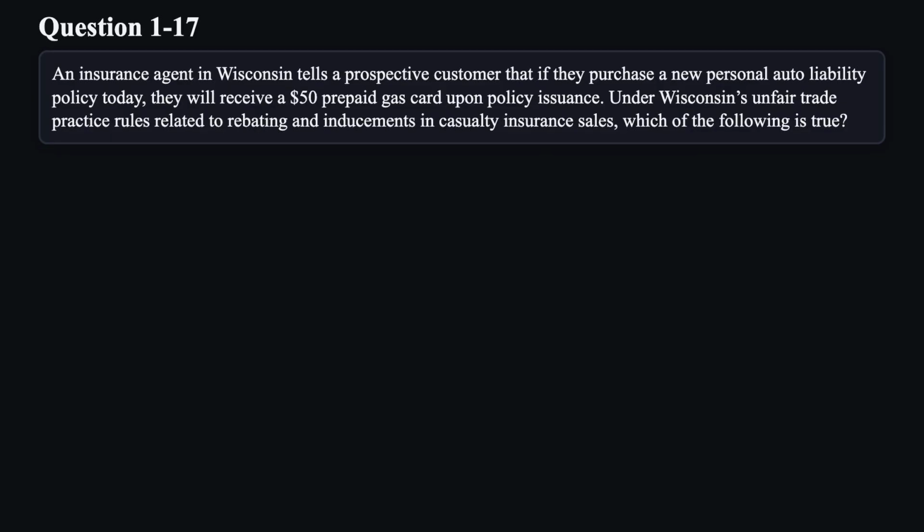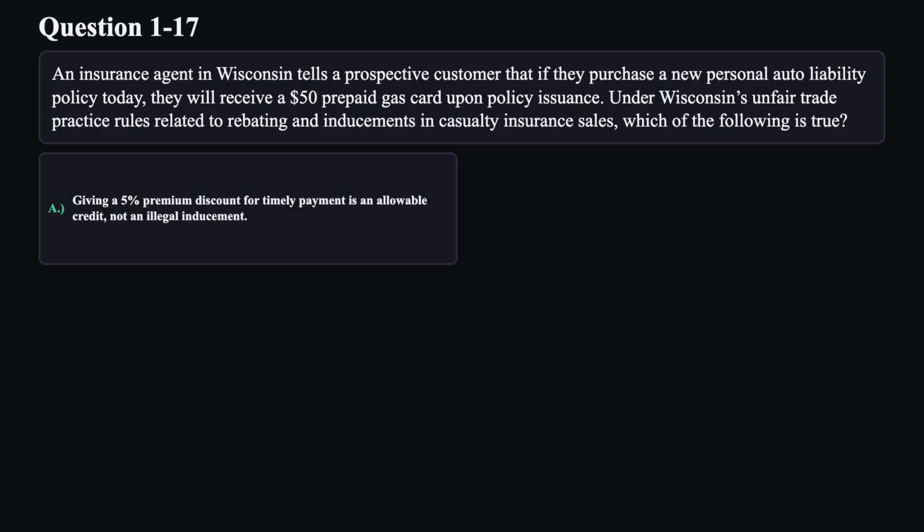Question 17. An insurance agent in Wisconsin tells a prospective customer that if they purchase a new personal auto liability policy today, they will receive a $50 prepaid gas card upon policy issuance. Under Wisconsin's unfair trade practice rules related to rebating and inducements in casualty insurance sales, which of the following is true?